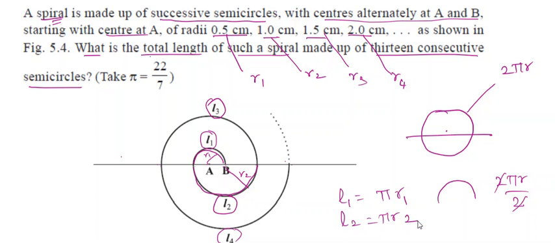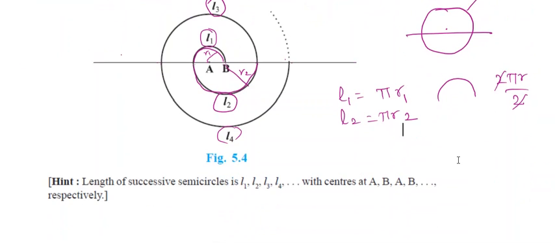What about L3? Pi R3. So which is constant? Pi is constant. So L3 means the third semicircle, is it not? That is pi R3.